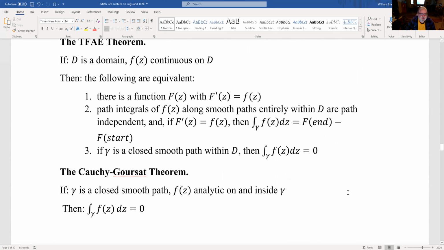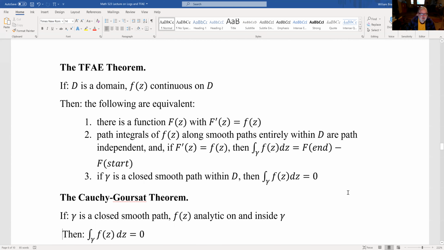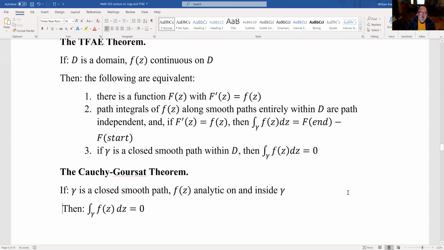These are two theorems that we talked about in class, but I hadn't put up in lecture notes. So if D is a domain, and f of z is continuous on D, and keep in mind that a domain is open and connected, then we have the following things.